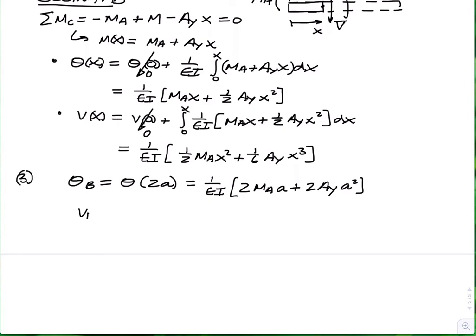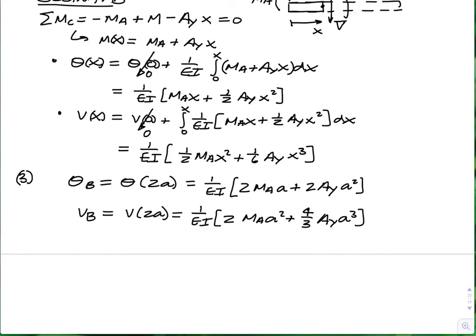And VB, which is the symbol I'm going to use for the displacement at B, or x equal to 2A, will be 1 over EI times 2 MA A squared plus 4/3 AY A cubed.